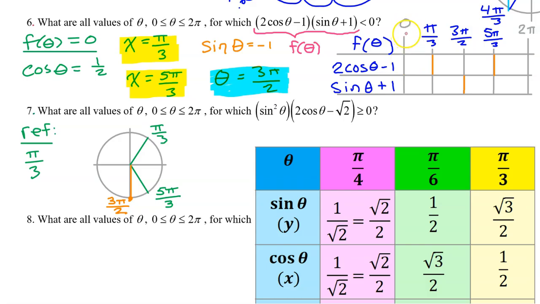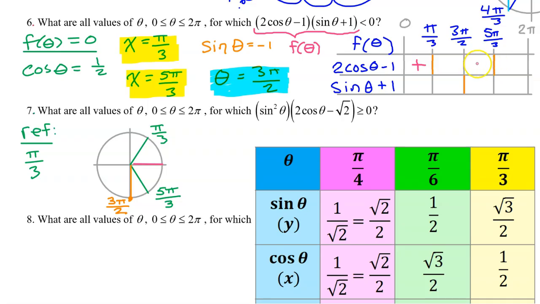If I plug in 0 for theta, cosine of 0 is 1, because cosine is the x value, and at 0 the x value is 1. So we have 2 times 1 minus 1, which is positive 1. So all that matters is that this factor is positive in this interval.